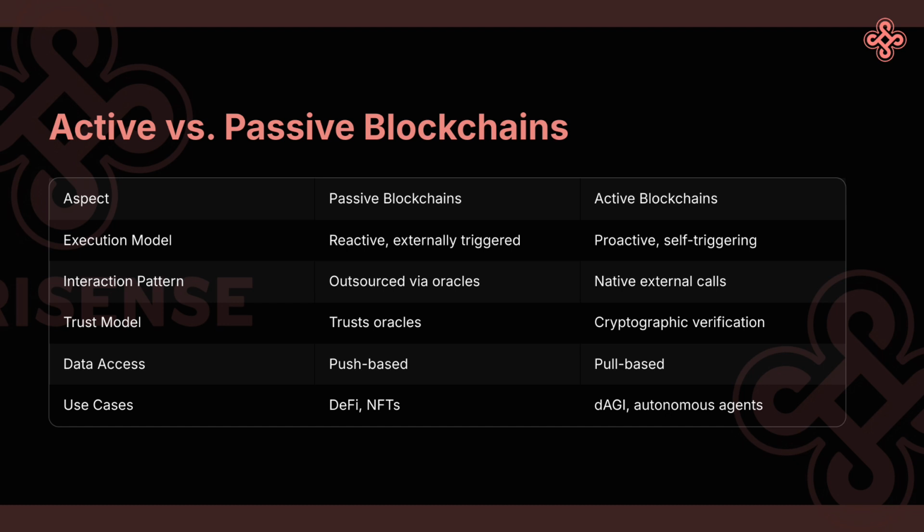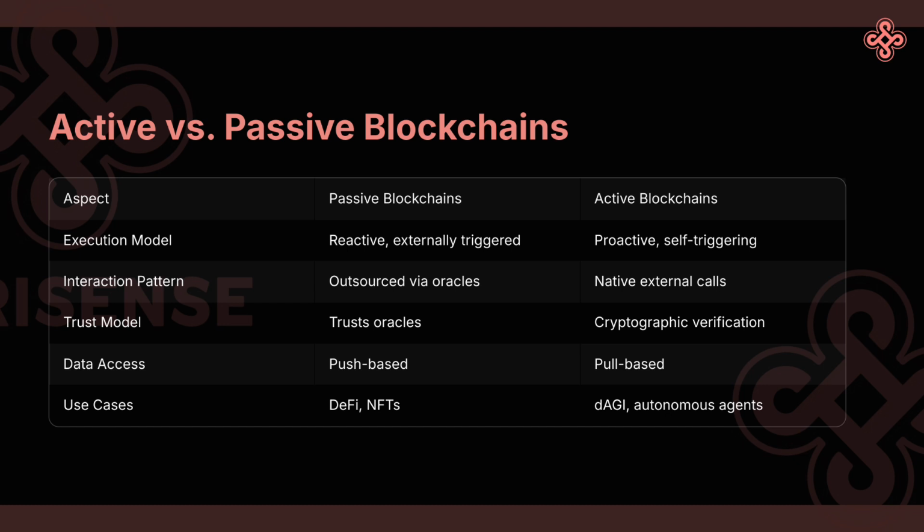Active blockchains, however, rely on a distributed network of validators to verify external interactions, utilizing cryptographic proofs like zkTLS for trustless data input-output. In terms of data access, passive blockchains receive data pushed from the off-chain world, whereas active blockchains allow on-chain programs to actively pull necessary data from external sources.